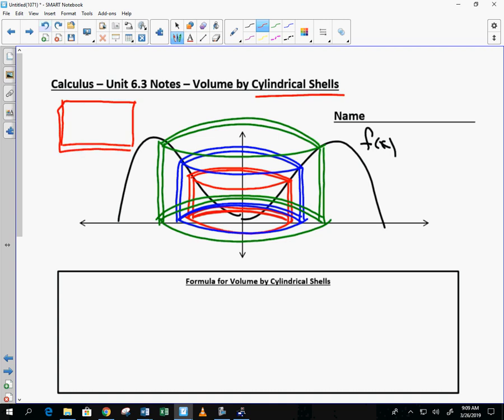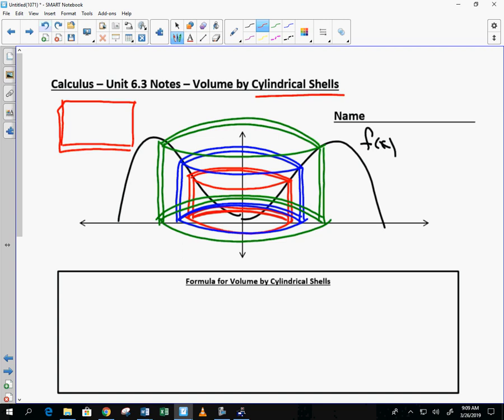Okay, so if I unravel it, it's going to make like a rectangle, right? It's going to make a rectangle. Okay? It's like a label of a soup can if you unravel it.